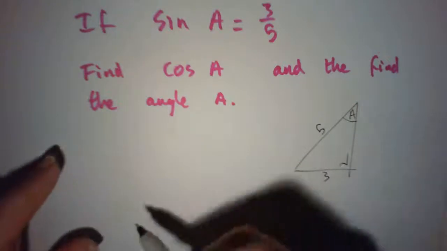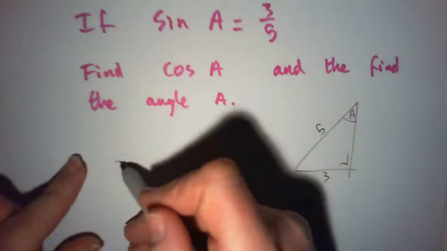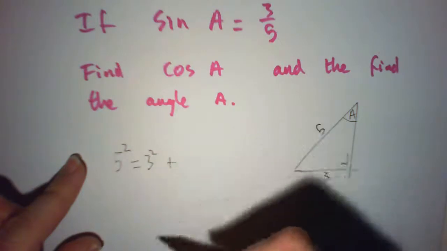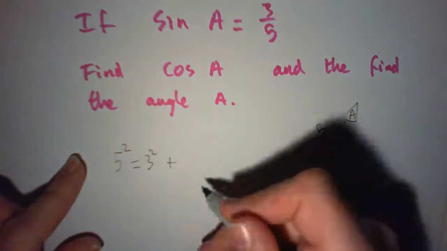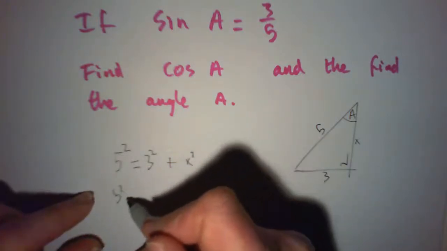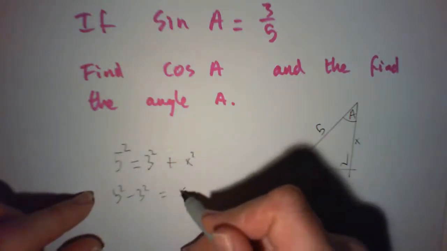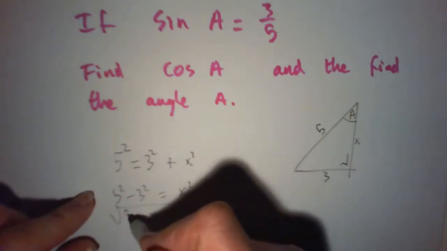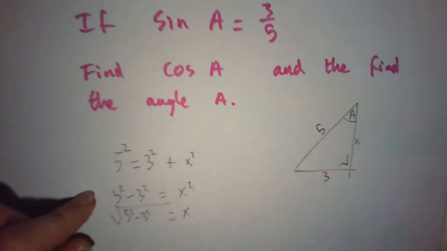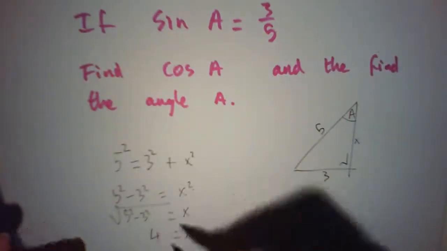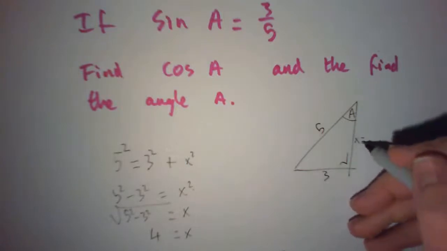A right angle triangle. Right angle triangle says that 5 squared is going to be equal to 3 squared plus whatever that is. We call it x. x squared. So 5 squared minus 3 squared is equal to x squared. x is equal to the square root of 5 squared minus 3 squared, which is 4. So x is equal to 4.